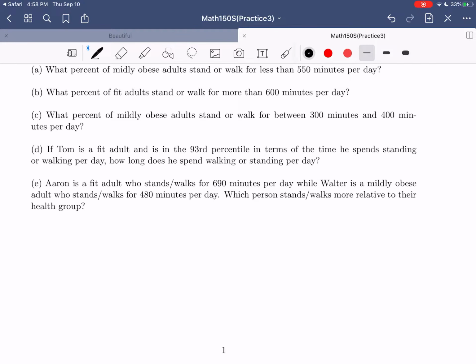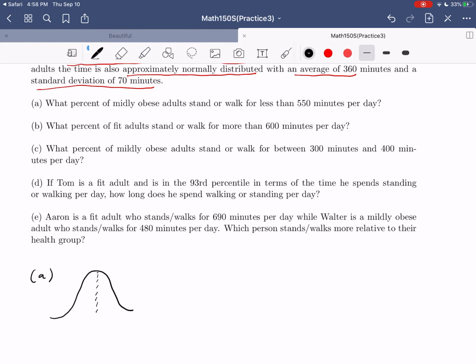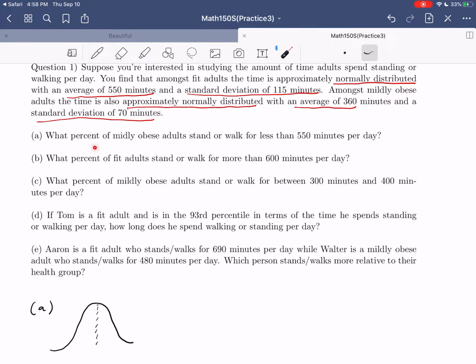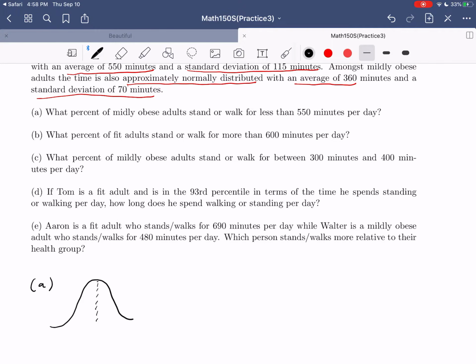So to do A here, we can go ahead and start by drawing ourselves a bell-shaped curve. We know that because this population is normally distributed. We can label the middle at the average. Since we're talking about mildly obese adults, that average is 360 minutes, so we can put the 360 in the center here. We're interested in the percent that stand or walk for less than 550 minutes. 550 is definitely larger than 360, so it's somewhere over here to the right.